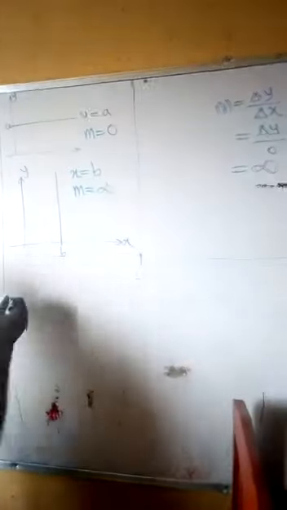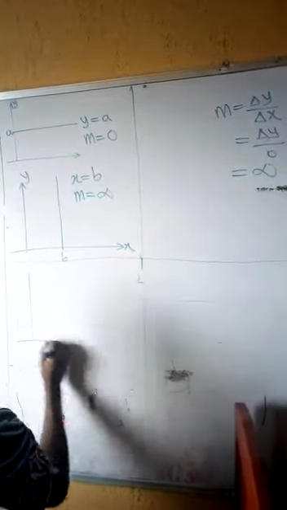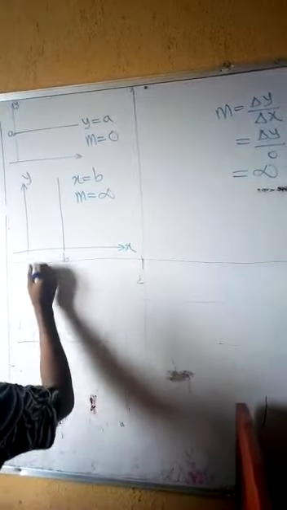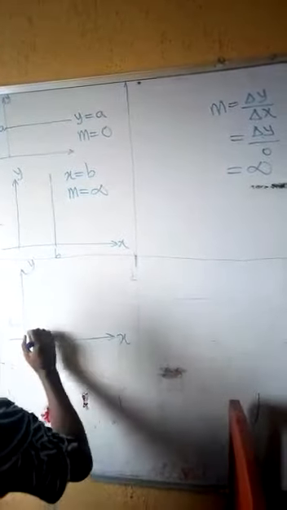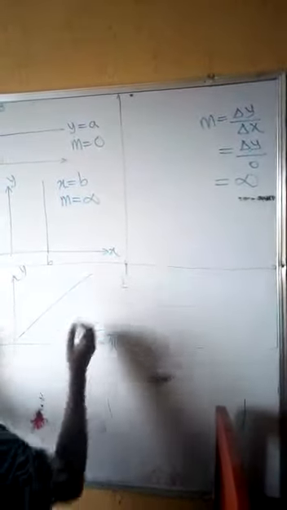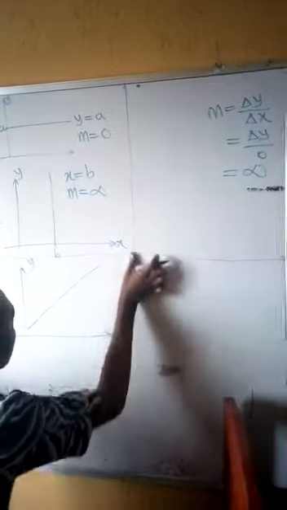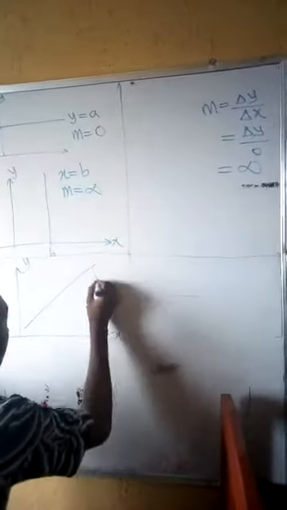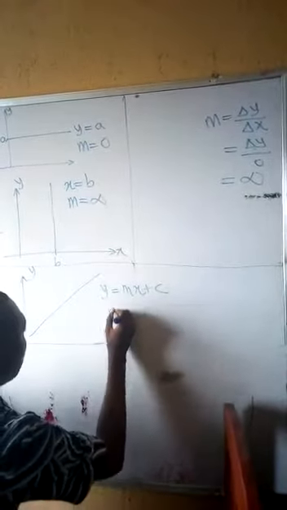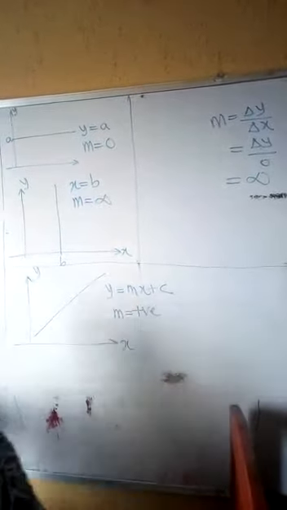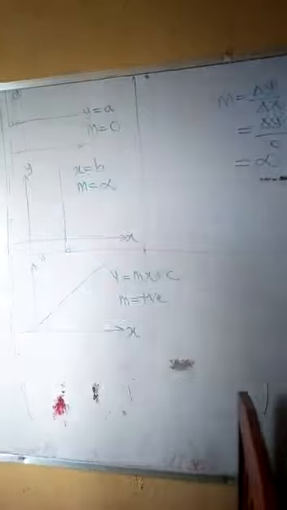But for inclined lines, the inclination can be positive or negative. If the line is increasing, the general form of the equation is mx plus c. We'll come back to that. But the gradient of this is said to be positive.